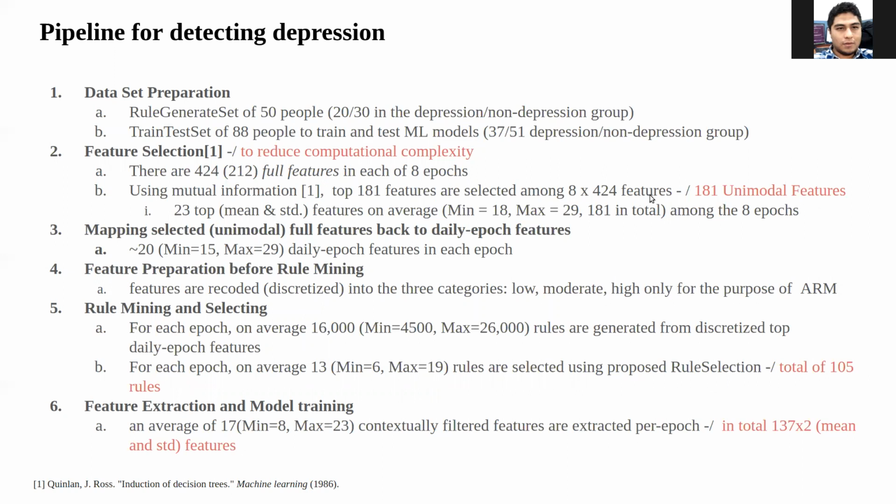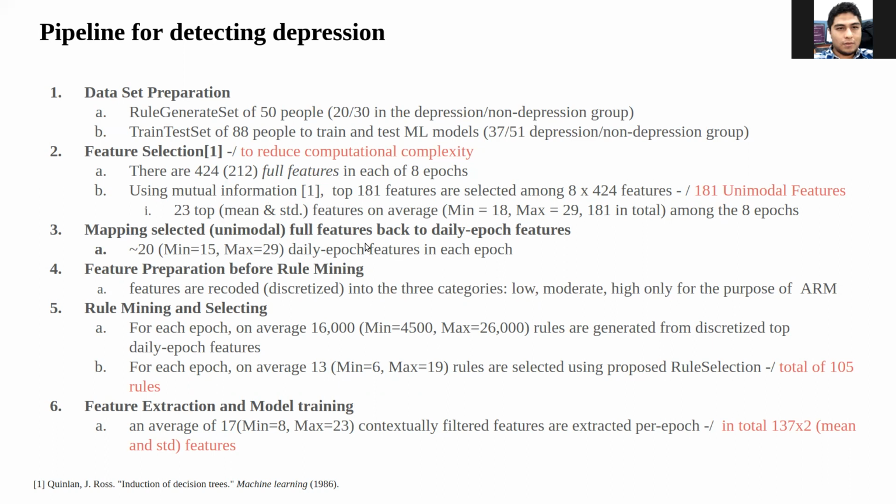So to reduce complexity, they select 181 unimodal features from 8 epochs. For some epochs, only 18 features are selected, but for some epochs, 29 features are selected, based on a mutual information technique. And then these are now full features, right?